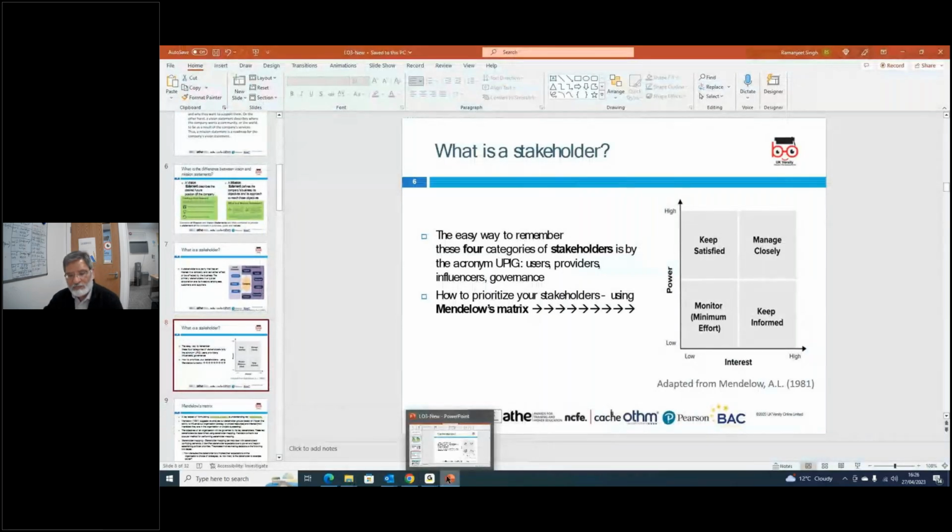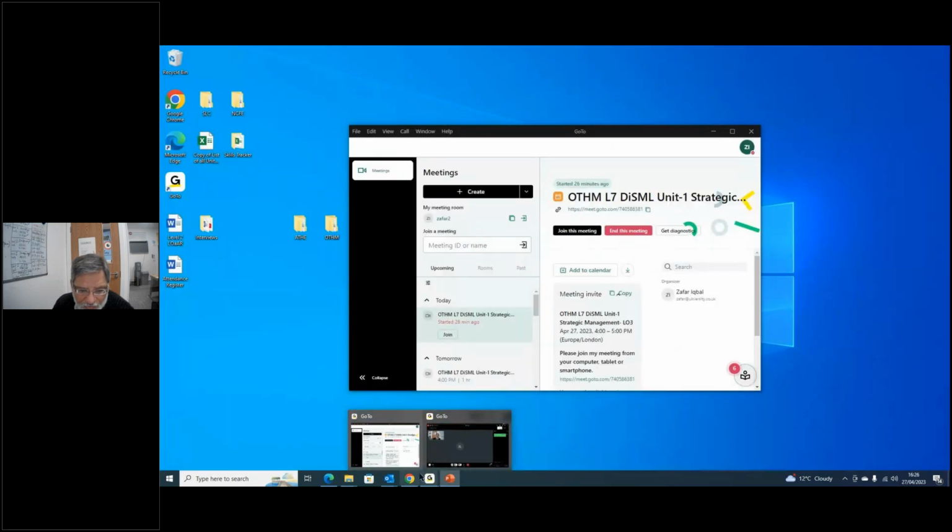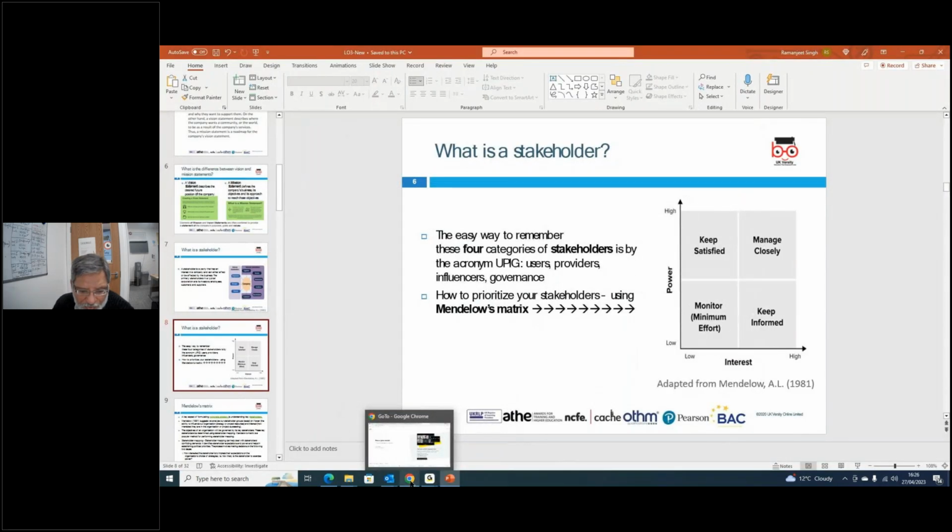So what do you mean by stakeholders, if they are connected or have some kind of interest? I'm just going to look at the slide sheet here, which one I need to show you. So here, a stakeholder is basically people or an organization who have an interest in your organization.